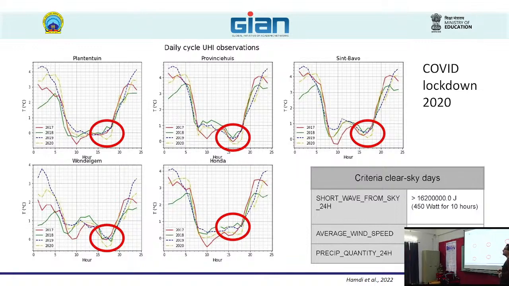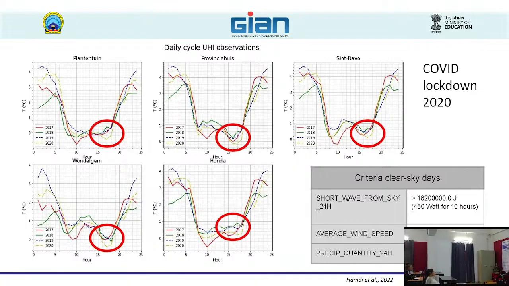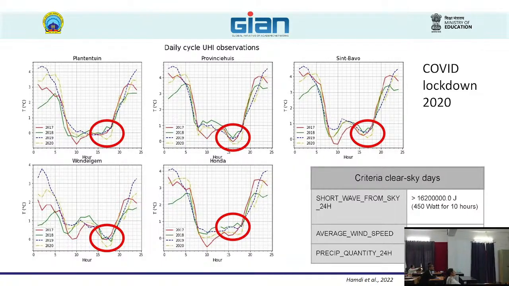So the graph that is posted just before 10, I guess, the rise that is happening, what time is that in Wandelgem? Here, yes. The rise that is happening, suddenly there is a rise.